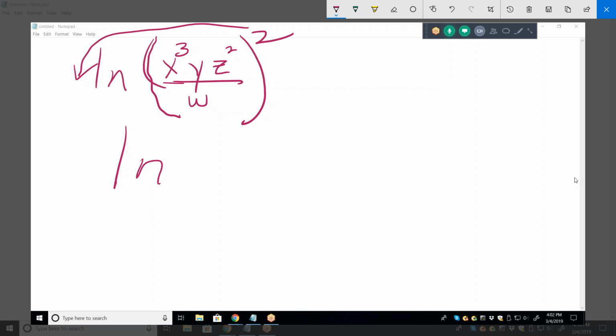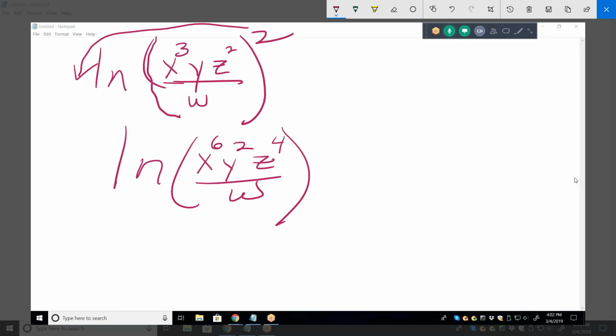But if I go ahead and square everything, then what do I have? x to the power of 6, y squared, z to the power of 4 over w squared. Now separate it. So do you have to put natural log in front of everyone? Yes.